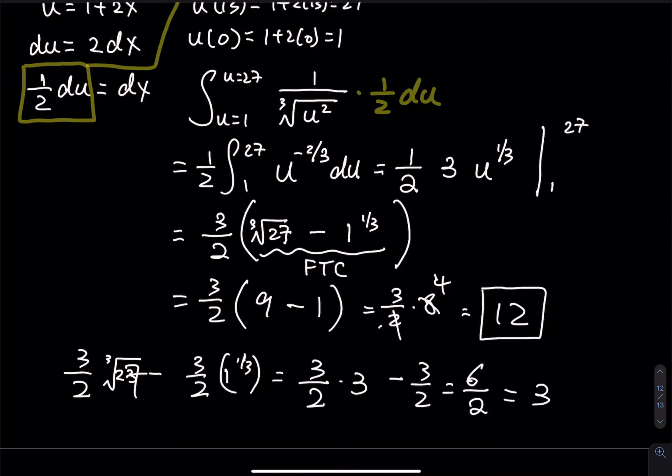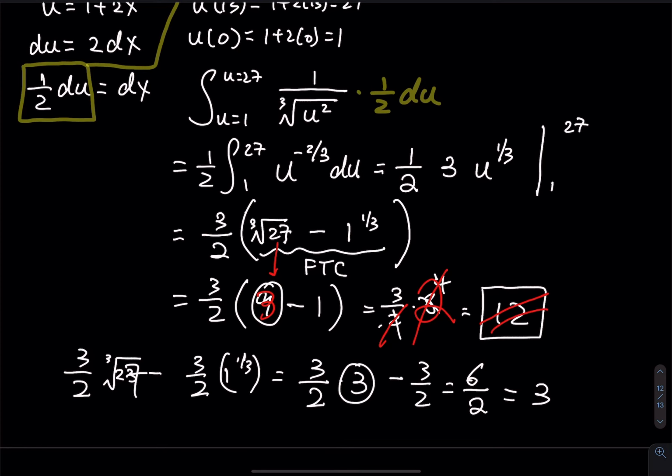I must have done something wrong right here. Okay, where is my mistake? So this is a 9. Oh, come on. I just said this is a 3, but I wrote a 9 in here, so that is so wrong. So this is equal to 3. 3 minus 1 is equal to 2. And then the 2 gets rid of these 2. Then the answer is equal to 3. I just found this error.